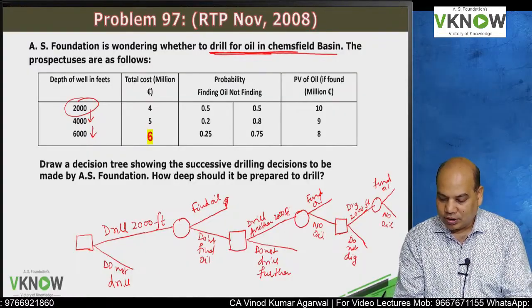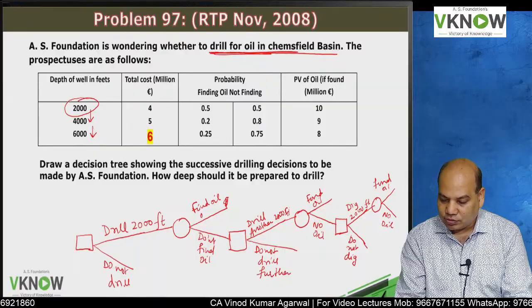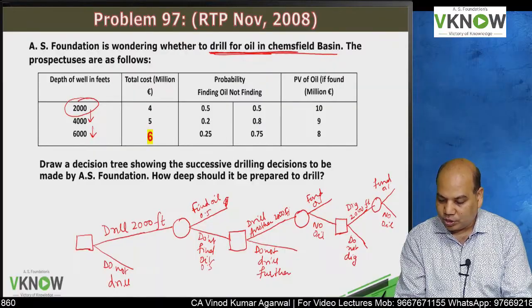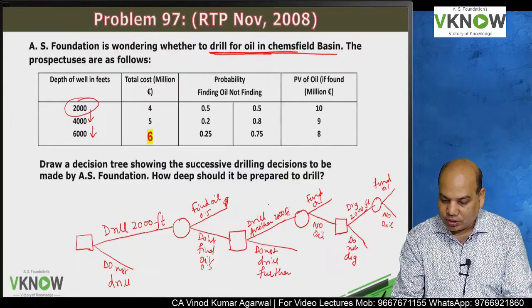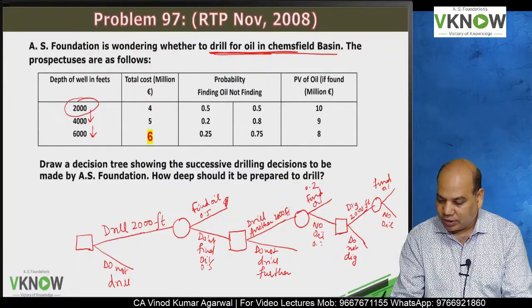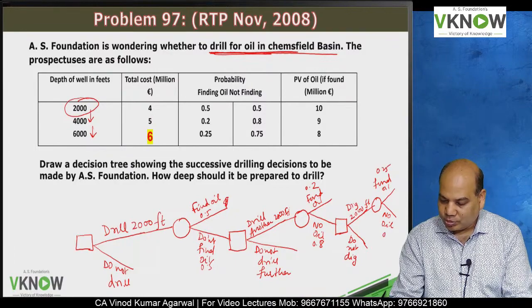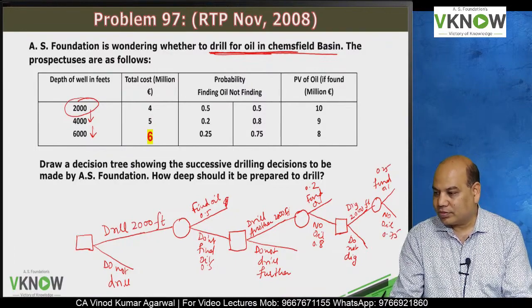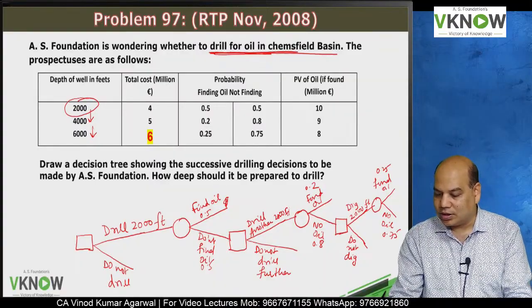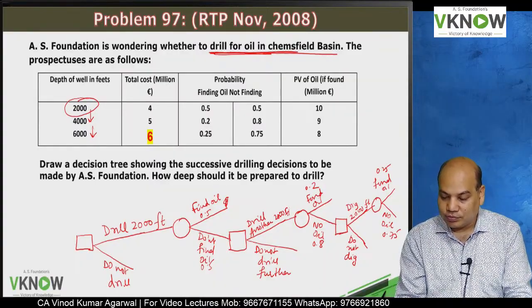And they have given you probabilities also: 0.5, 0.5, then 0.2, 0.8, 0.25, 0.75.